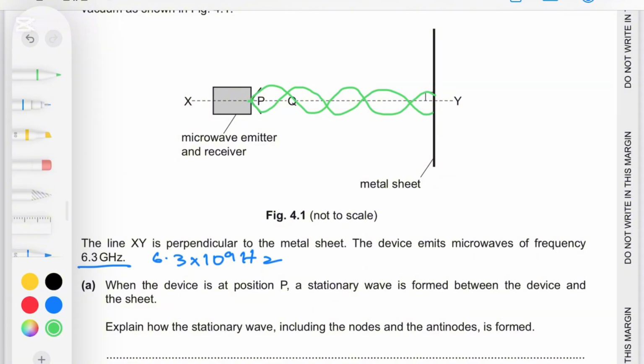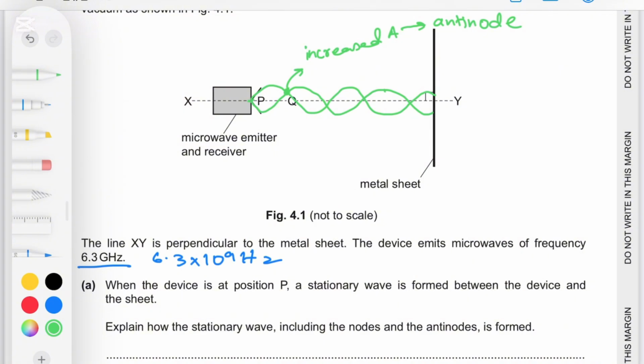Now at one point their amplitudes would overlap to result in an increased amplitude, and this results in constructive interference when the amplitudes add up, and this would form an antinode in the resulting standing or stationary wave.